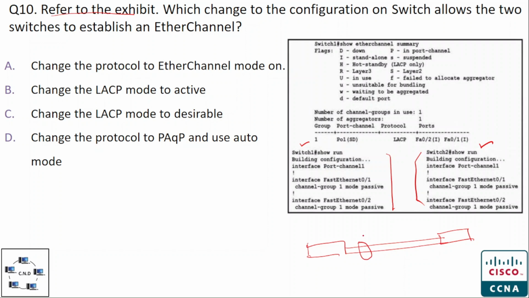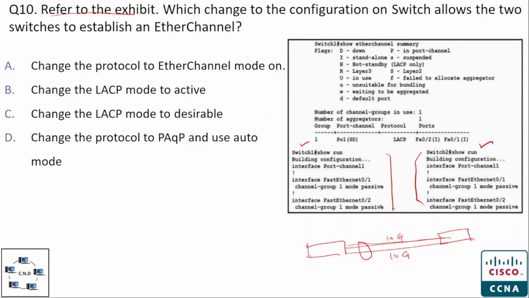This has many benefits, including redundancy, so that if one link fails, the traffic still flows. Increased bandwidth, if this is 10G and this is 10G, you have the benefit of 20G. And easy management, you manage these multiple interfaces as a single interface.